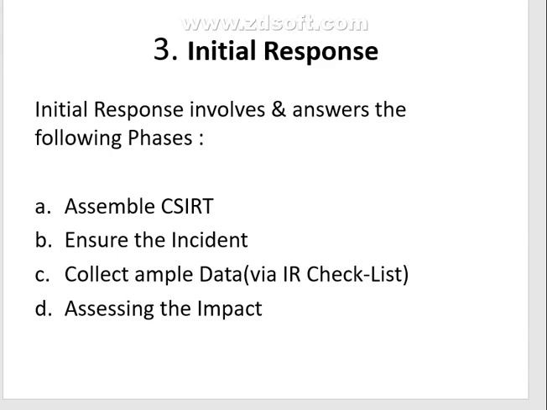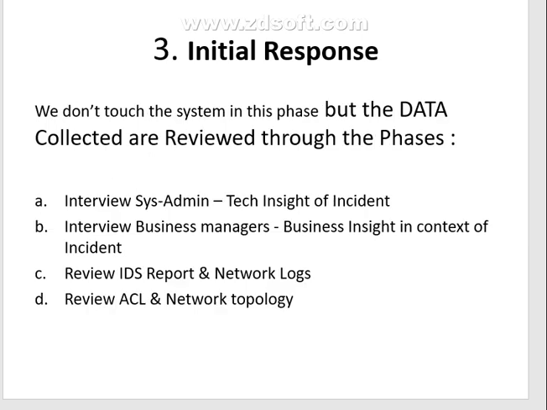In the initial response, during this process, we assemble the CSIRT team, confirm the incident, and collect ample data via the checklists. It might be simple or complex, as well as assessing the impact. During the initial response, we do not touch the system in this phase.